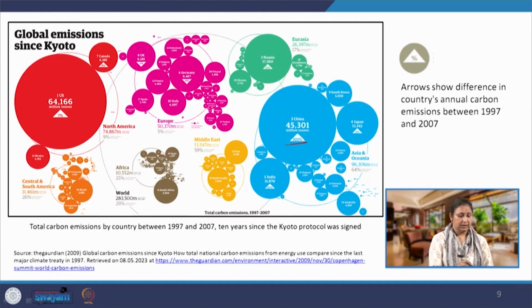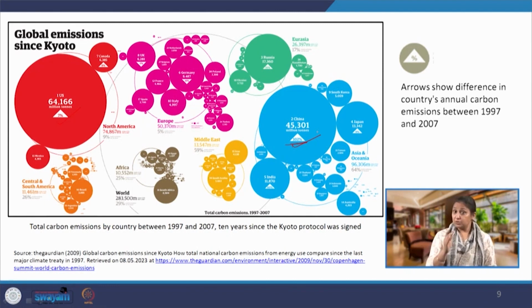Here we can see that the US has since increased its emissions. Well, it has not ratified Kyoto Protocol, but if you look at China, which has non-binding targets but has ratified the Kyoto Protocol, it has almost increased its total greenhouse gas emissions by 100%.